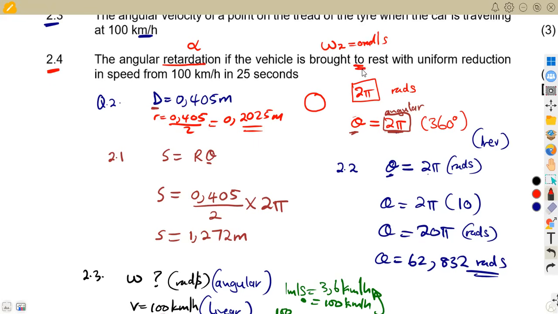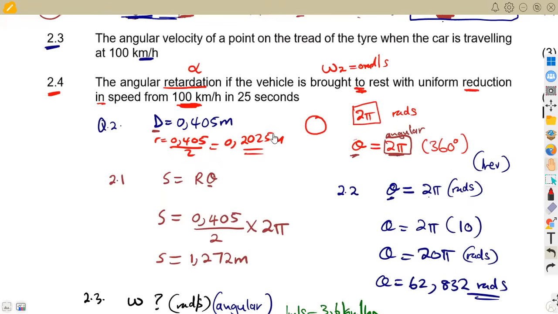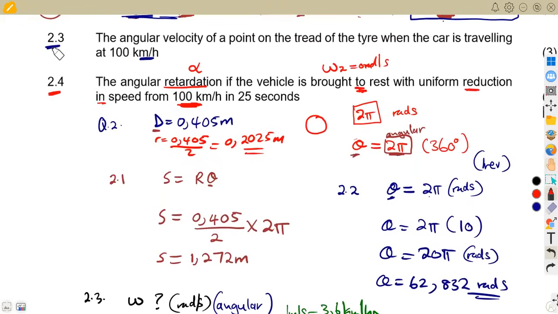It is brought to rest with a uniform reduction in speed from the 100 kilometers per hour, the one we were working with at 2.3. Remember, at 2.3 we worked with 100 kilometers per hour and we have the angular velocity for this speed, which is our initial.